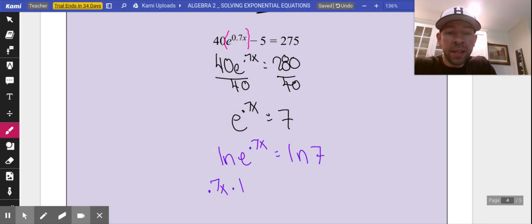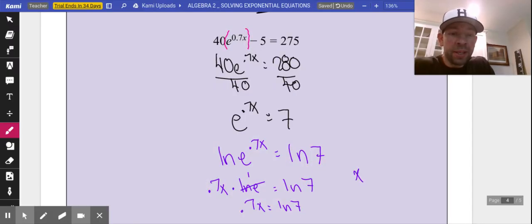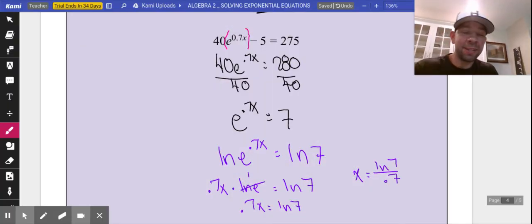So 0.7x times the natural log of e. If you ever have a brain fart, you could type this into your calculator, but hopefully remember that ln of e is just a 1. So we have 0.7x equals the natural log of 7. And then just divide both sides by 0.7. So x equals the natural log of 7 divided by 0.7. Notice we're not dividing by the natural log of 0.7.